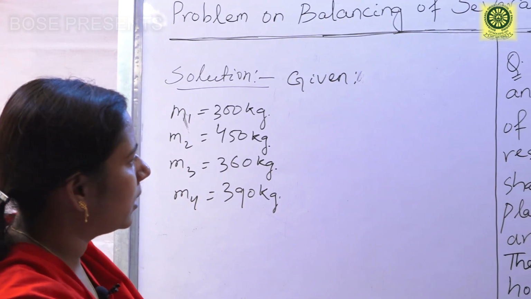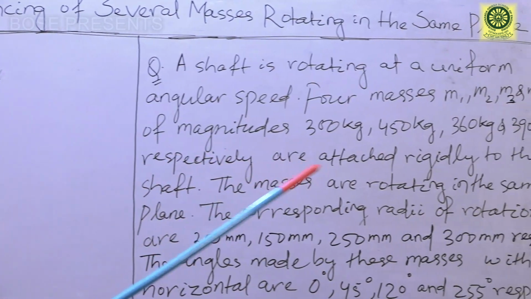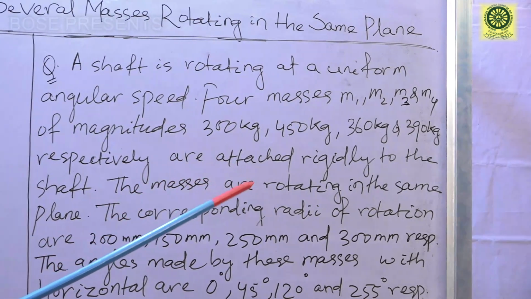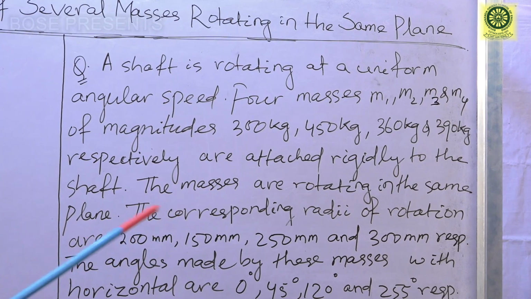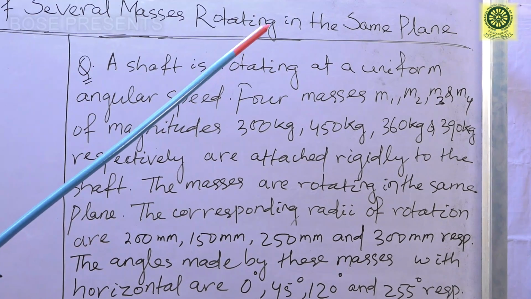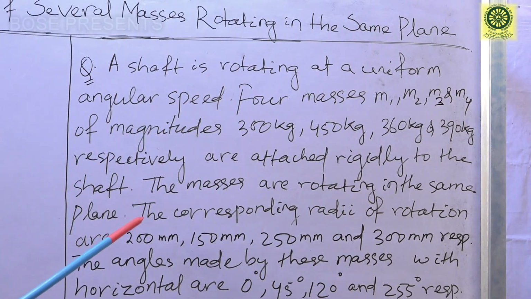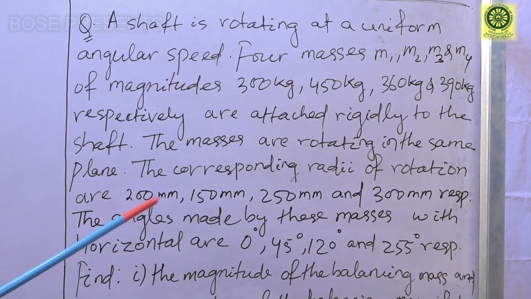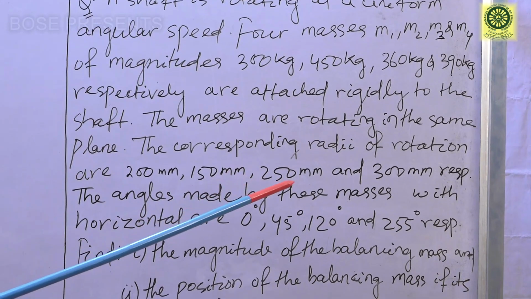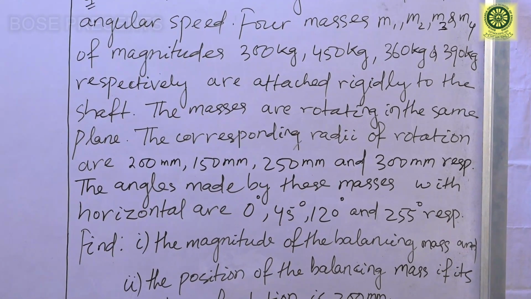Next part given, respectively attached rigidly to the shaft. Then the masses are rotating in the same plane. As the heading says, in the same plane, the corresponding radii of rotation are 200 mm, 150 mm, 250 mm and 300 mm respectively. So what are the radii?